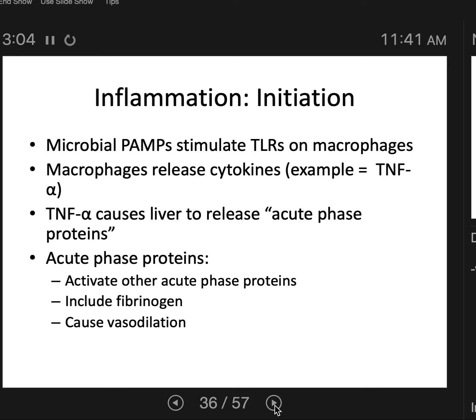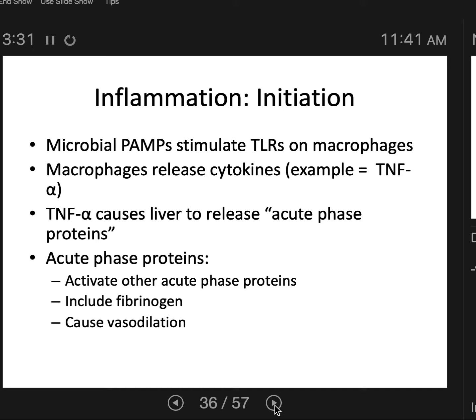Okay, so I'm not going to test you on acute phase proteins. You can just skip that step and just know that TNF-alpha is responsible for those. TNF-alpha, this cytokine, is an important cytokine that is involved in inflammation, and the results of it are vasodilation, or the widening of the blood vessels, blood clotting with fibrinogen, and activating other acute phase proteins.